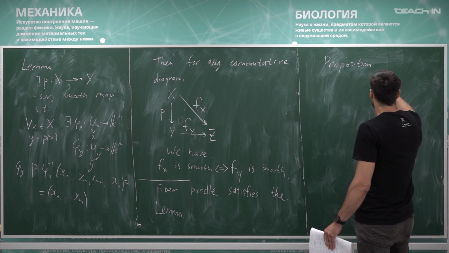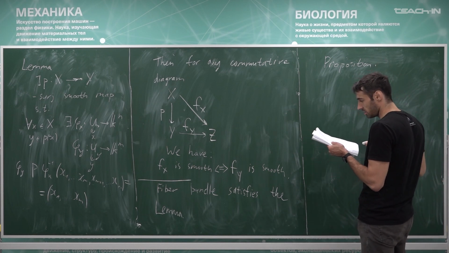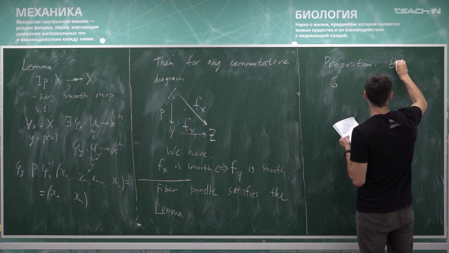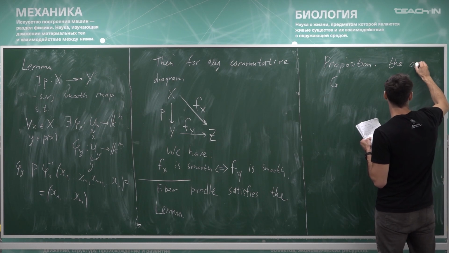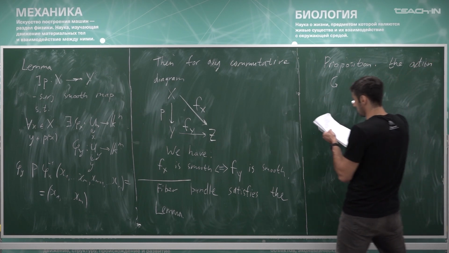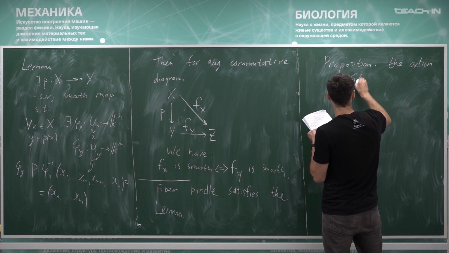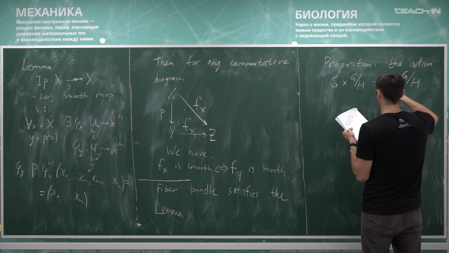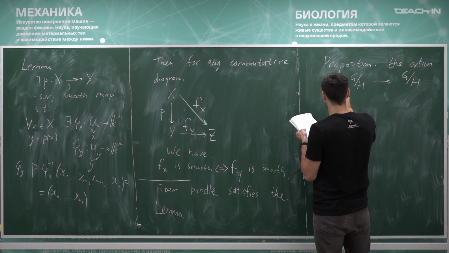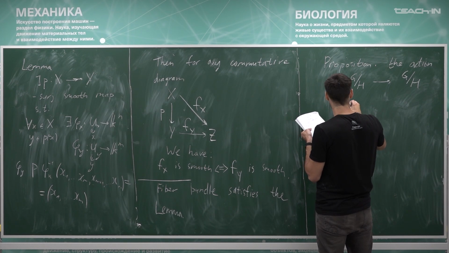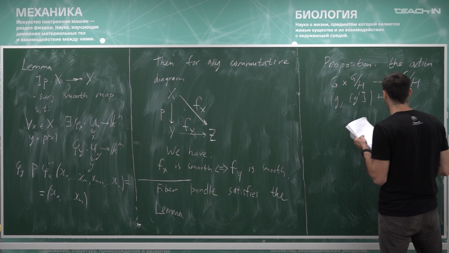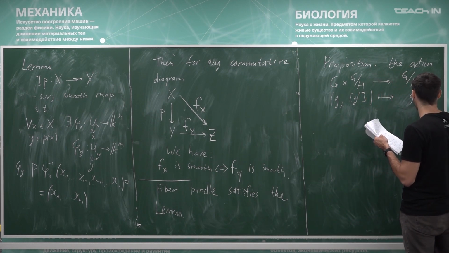So this proposition says that the action of G on the quotient, to recall how it works, sends this pair to this class.